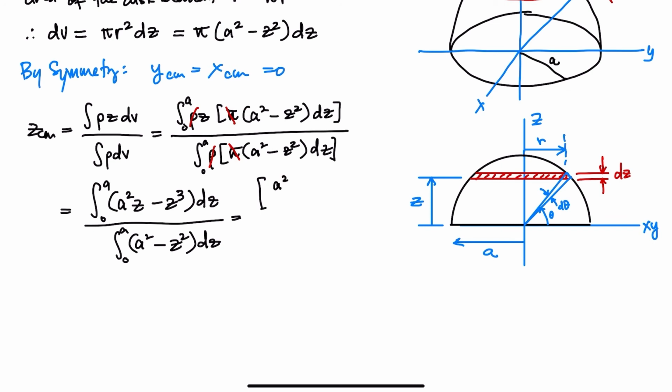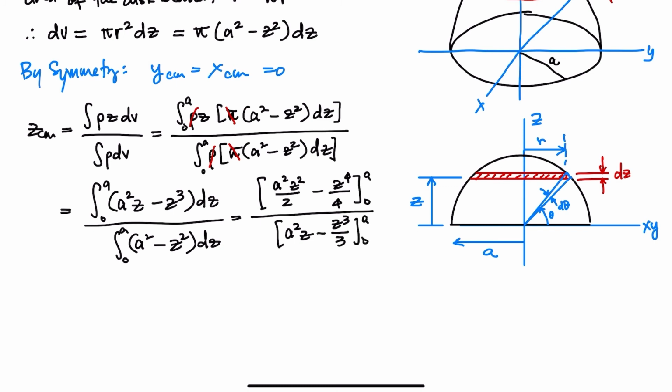So this is a squared z squared over 2 minus z to the fourth over 4 integrated from 0 to a, divided by a squared z minus z cubed over 3 from 0 to a.